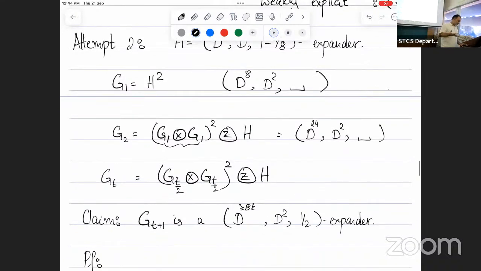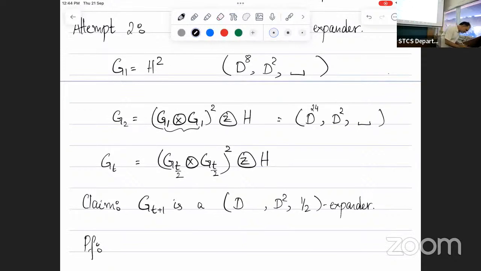If I define G_t to be G_{t/2} tensor with G_{t/2}, square that and take a zigzag with H, this will now be something like d power 8t and d squared. Recursion will work on t by 2. That will give you this.